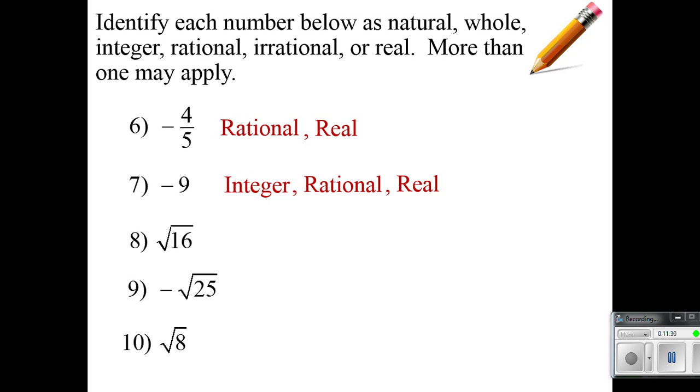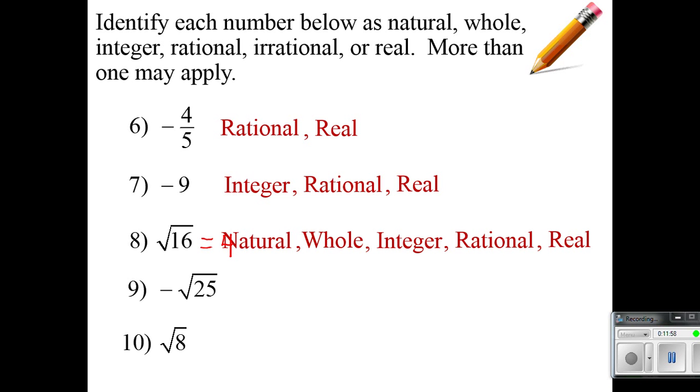Okay? The square root of 16 is the same thing as 4. So 4, I think that's a counting number because I can say 1, 2, 3, 4 people. I can say it's a whole number because I can say I have 4 books or 4 pies. And so it's a natural, it's a whole, it's an integer, it's a rational, and it's real. Okay?